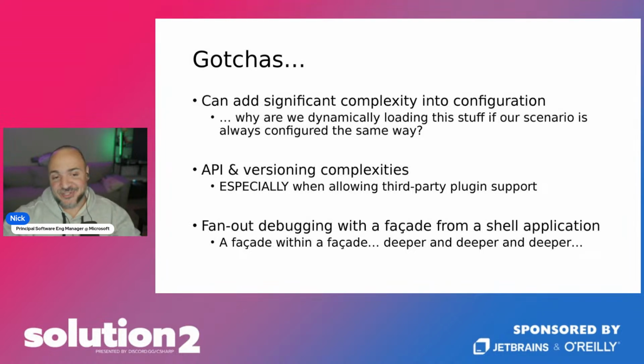I didn't talk about this at all in the earlier slides, but API versioning complexity is pretty intense. If you're thinking about building web APIs, these already have versioning challenges. If you're building library code, that can have versioning challenges depending on who's consuming it, right? But when you start talking about plugins, I want to give you an example.